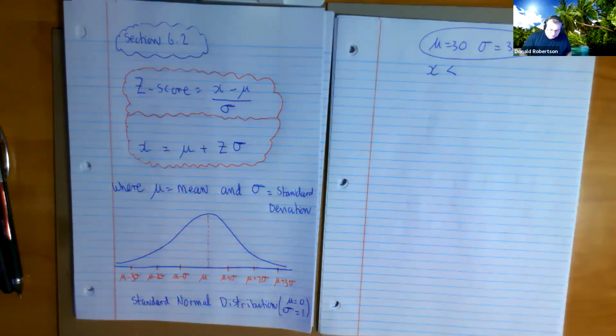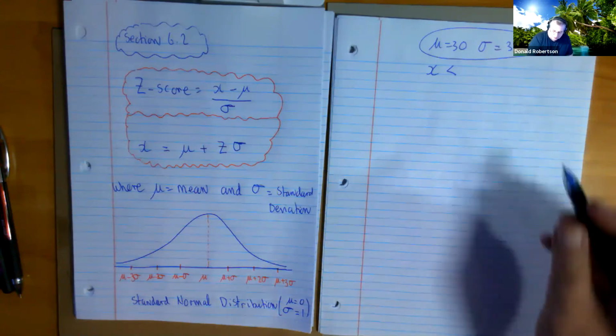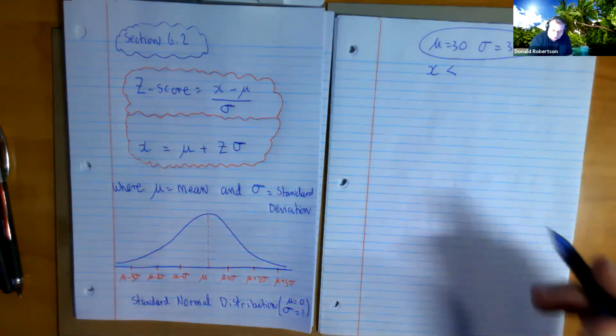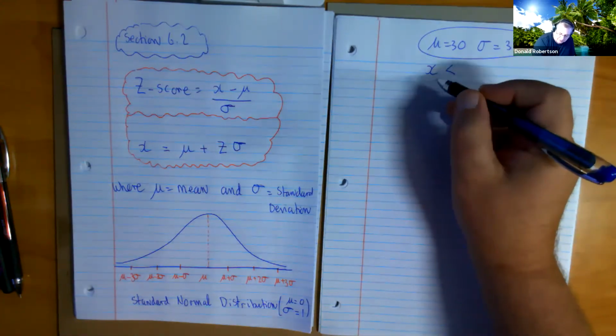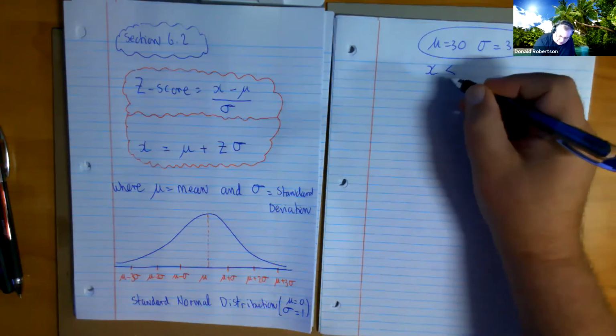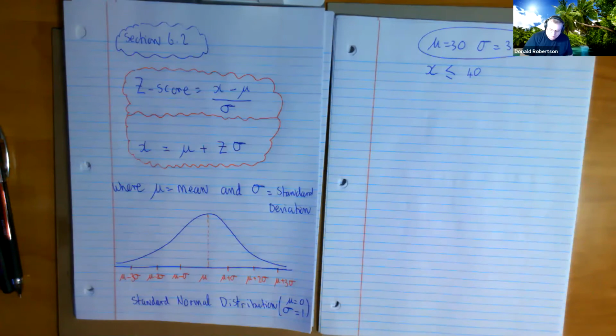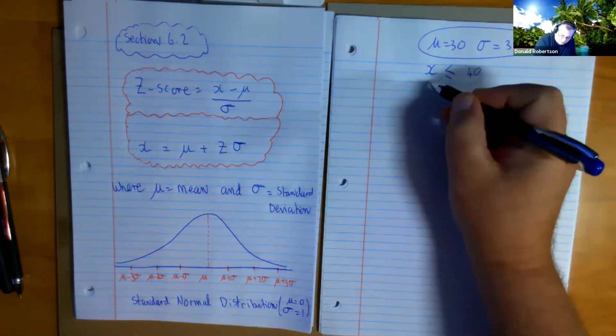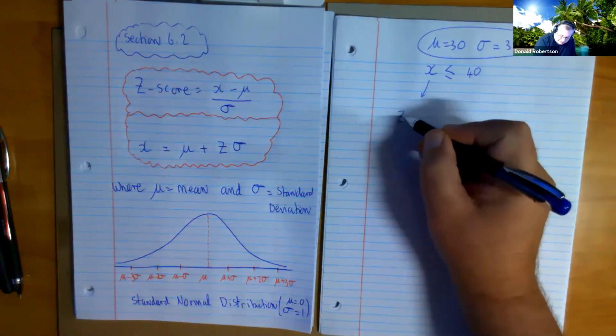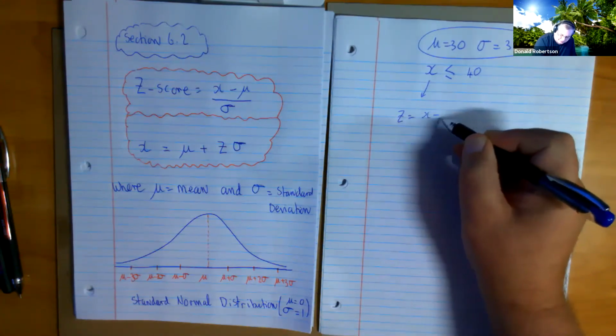And I want to know what percentage of scores, or I just want to know what this would look like as a Z-score result. If I said X is less than or equal to 40, what would that look like in terms of a Z-score? Well, you take this and convert it into a Z-score.